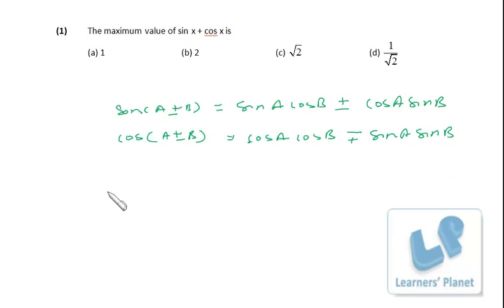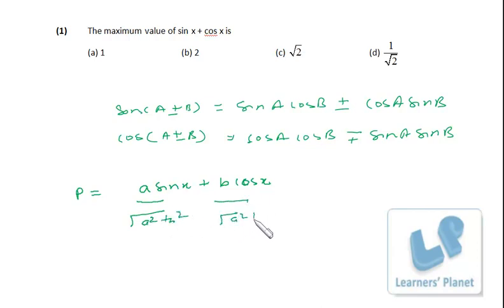Now suppose I have an expression a sin x plus b cos x. What I do is divide this entire expression by root of a square plus b square, and if I'm dividing it, I also have to multiply by the same.